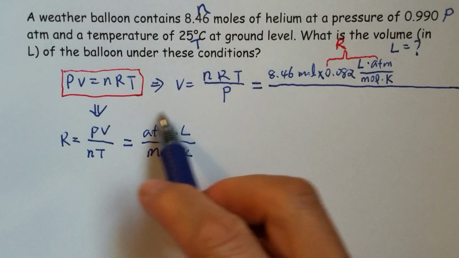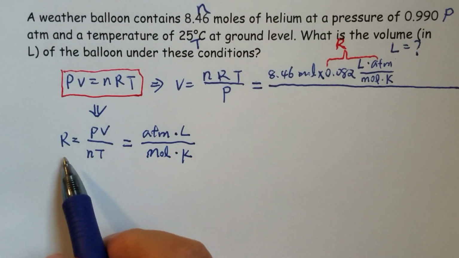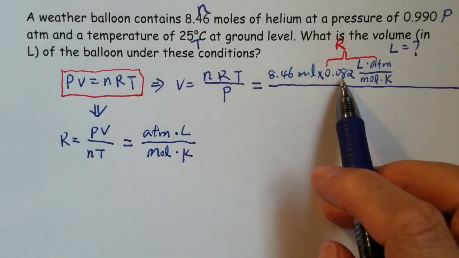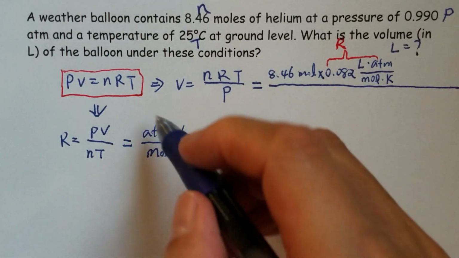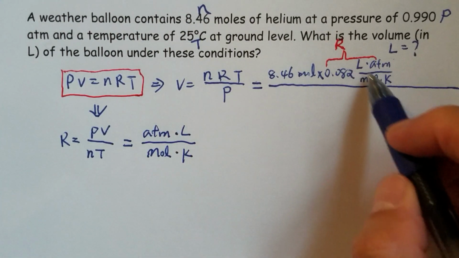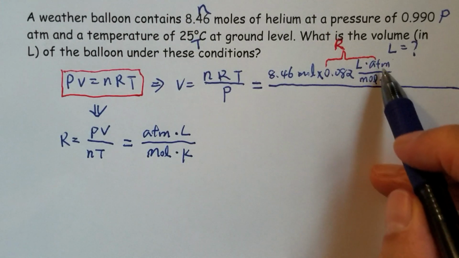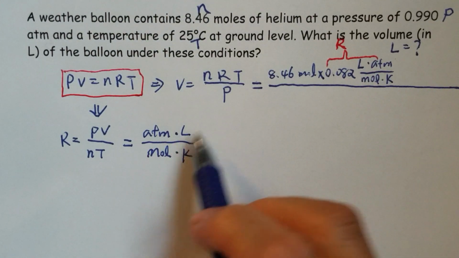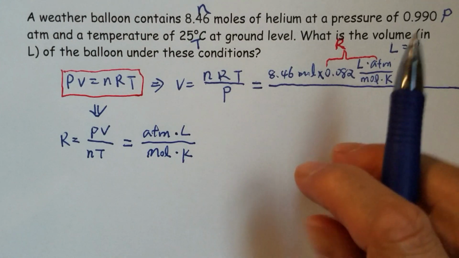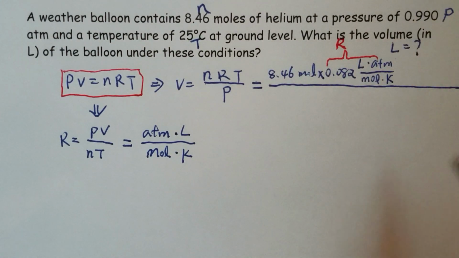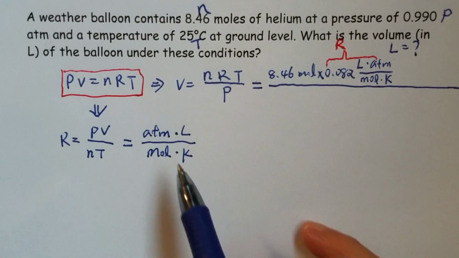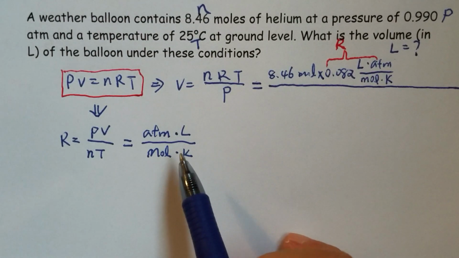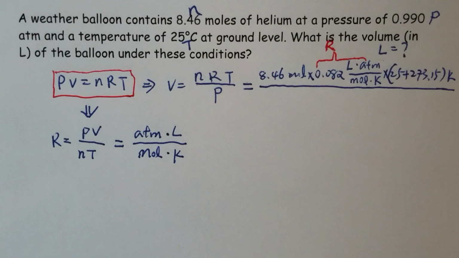So this is the unit for this R constant, 0.082. And you see right here, this unit is the same as this one, even though the ATM and liter positions got swapped in these two locations, but that's the same.